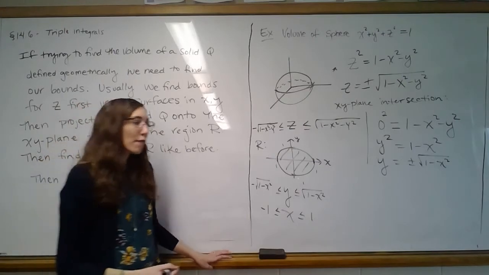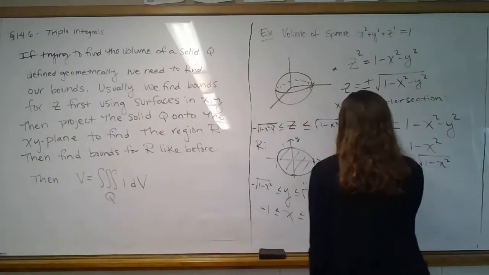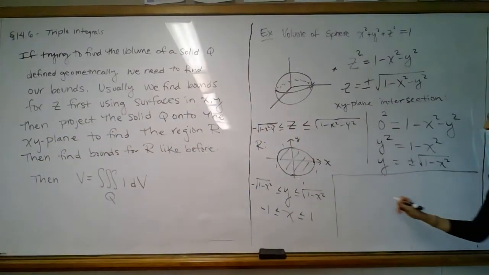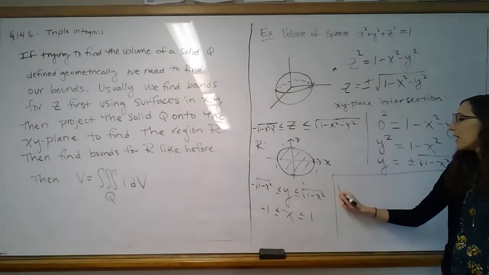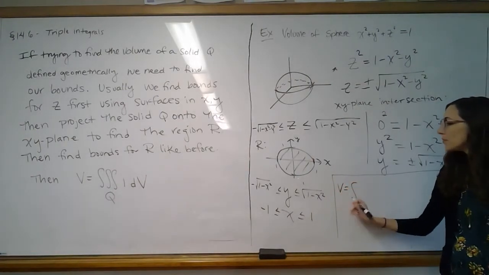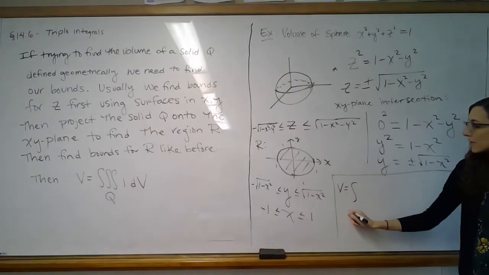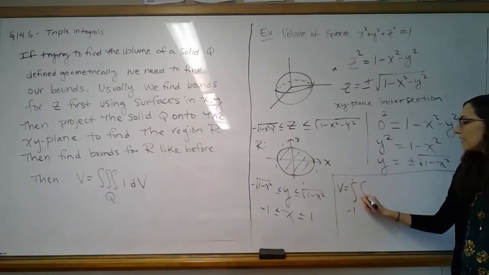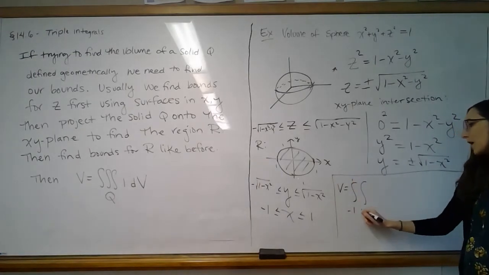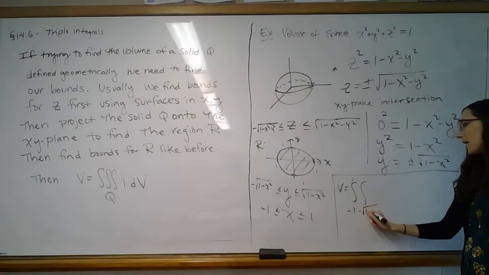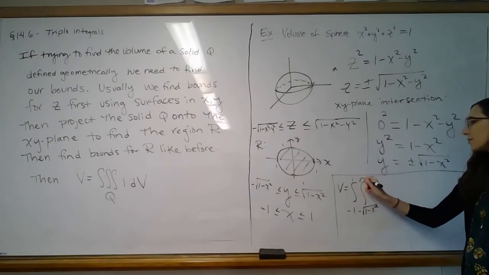So when we set up our full integral, we've got our volume. We did numeric bounds for x, so it'll go -1 to 1. And then our bounds for y were -√(1 minus x squared) to +√(1 minus x squared).